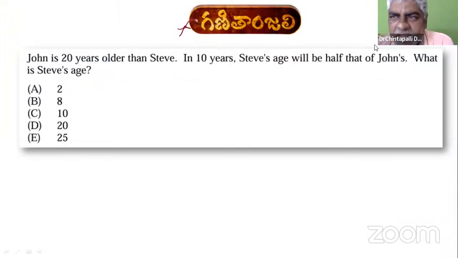John is 20 years older than Steve. In 10 years, Steve's age will be half that of John's. What is Steve's age?